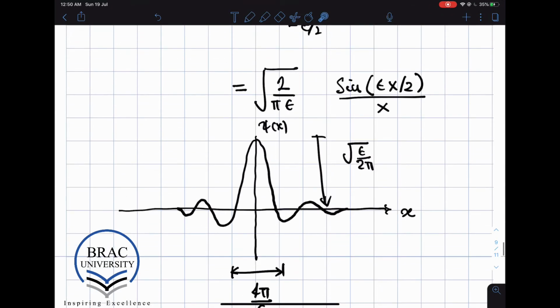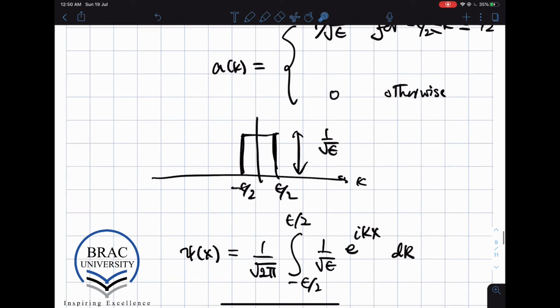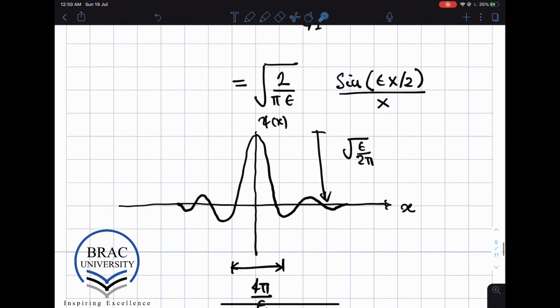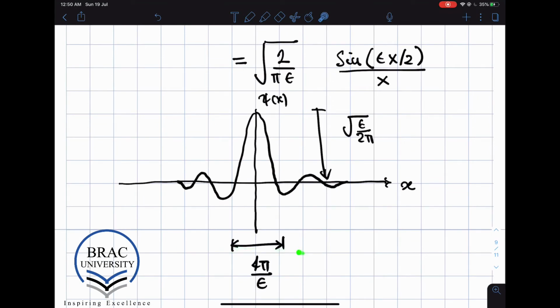But it doesn't depend on epsilon. So see that if I make my top hat taller and thinner, so basically I'm reducing epsilon, what happens is that my sinc function becomes fatter.